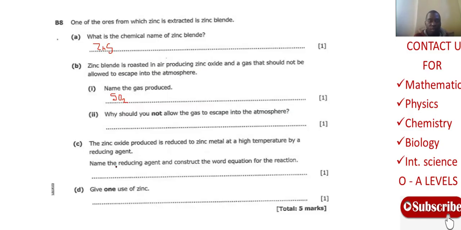Okay, name the reducing agent and construct the equation for the reaction. So the reducing agent is actually carbon monoxide, and the reaction is written as follows. So we are going to write zinc oxide, definitely, which is a solid. This one will be reduced by the reducing agent, which is CO, and this one we know it's a gas.